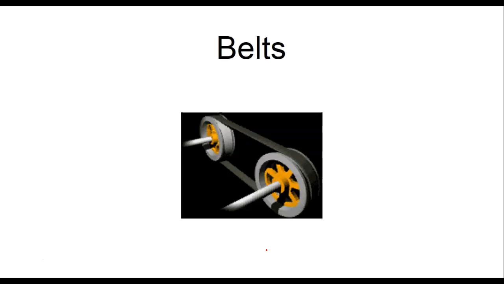Belts. So what advantage does a belt have over a chain? Doesn't have to be lubricated. Good. It automatically has a little slack built into it.